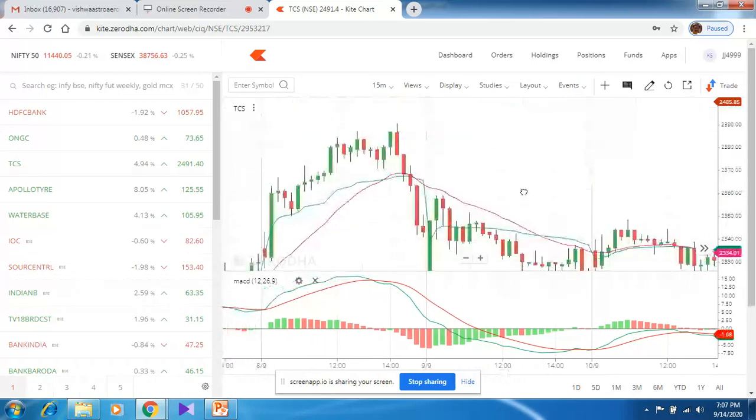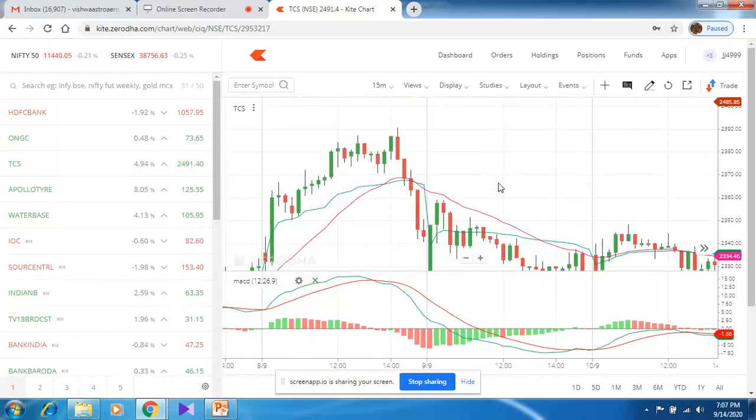It is the reverse of it. This VWAP curve, after crossing a candle, would straight away come down. And at such a time, this moving average line always tries to stay above the VWAP line.